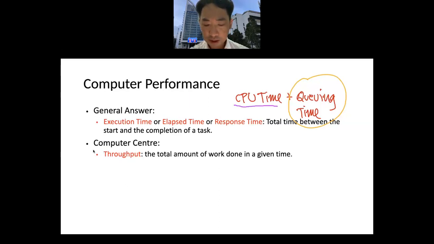So this part, we omit this part. Or we can say that the execution time here is just the CPU time, not the queuing time. But I would like you to know that in real life, this time is not that short. But for simplicity, we just assume that this one is 0.